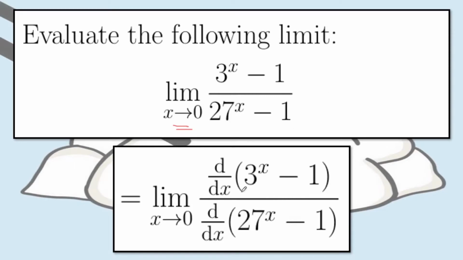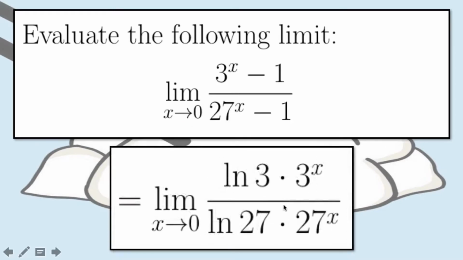After this step, all we have to do is get the derivative. Recall the derivative of an exponential function: the derivative with respect to x of a raised to x, for some constant a, is equal to the natural logarithm of a times a raised to x.